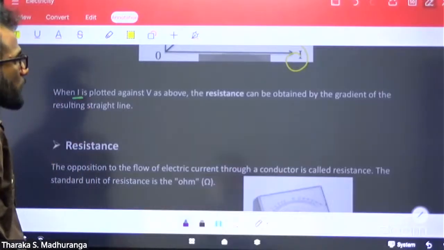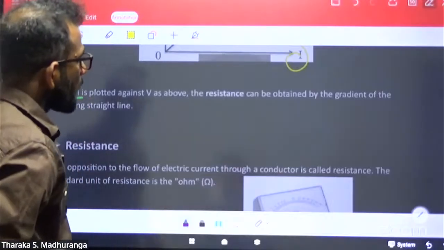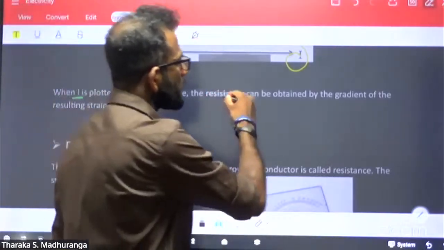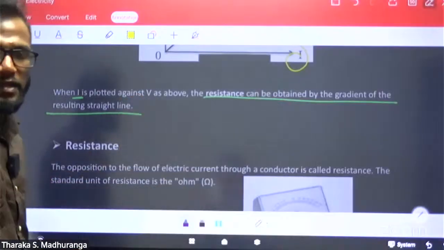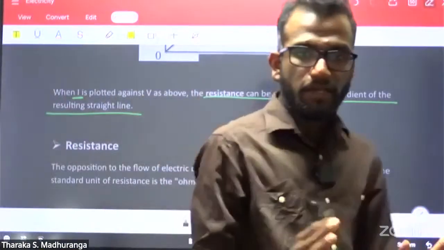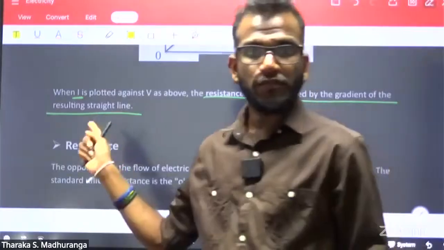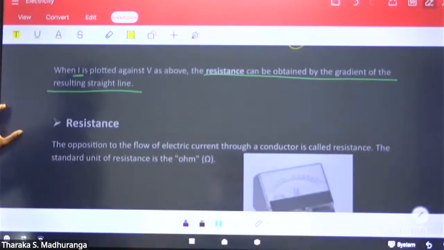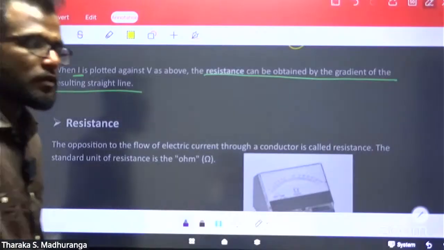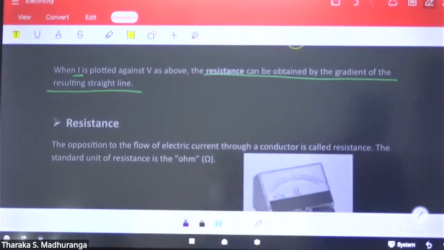I is plotted against V as above. The resistance can be obtained by the gradient of the resulting straight line. The gradient of the resulting straight line gives the resistance of the conductor.